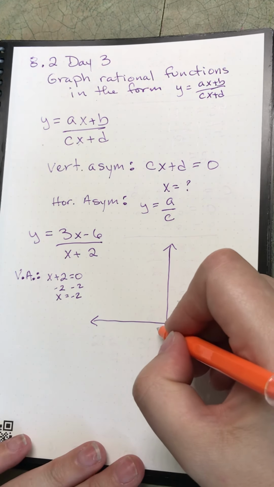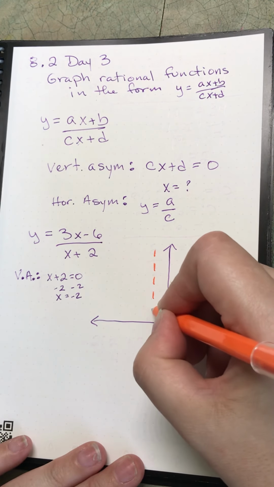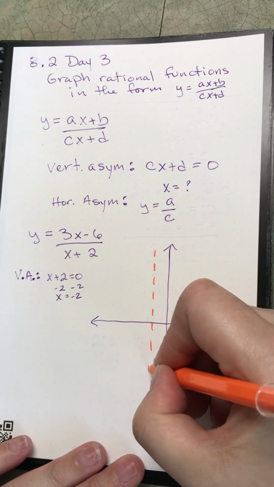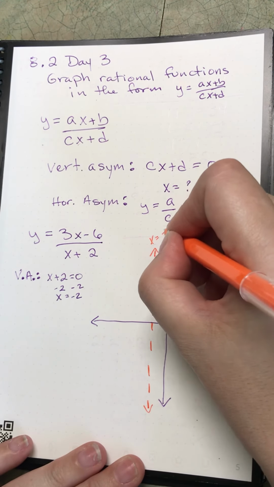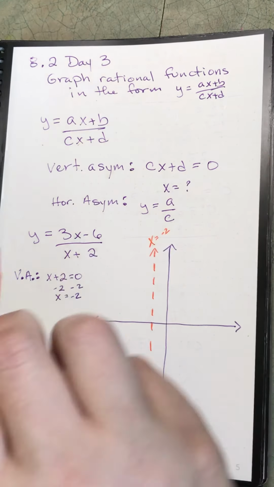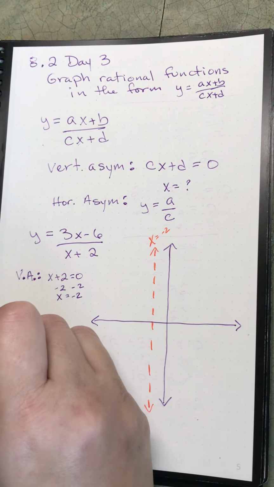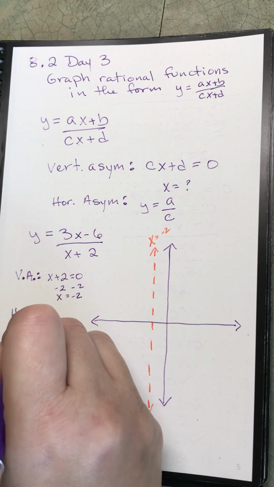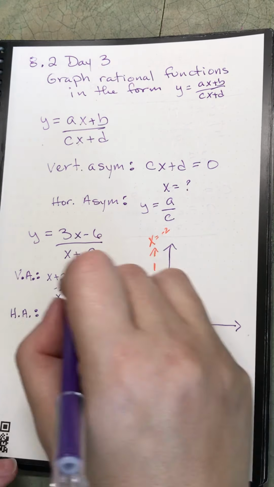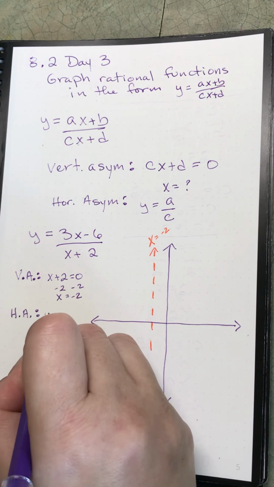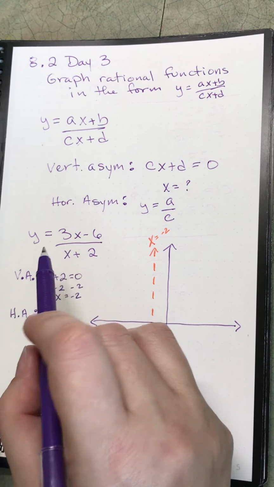So I'm going to go ahead and draw that in right now. Here's my vertical asymptote at x equals negative 2. And then my horizontal asymptote is at y equals a over c.